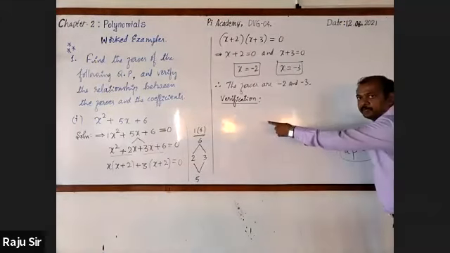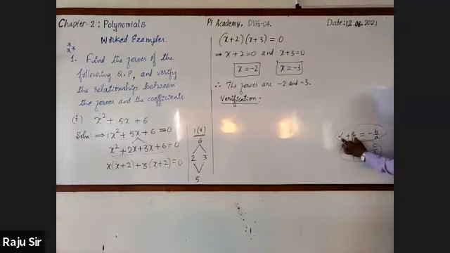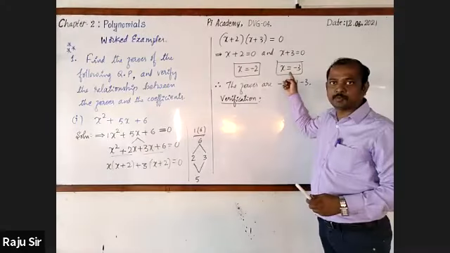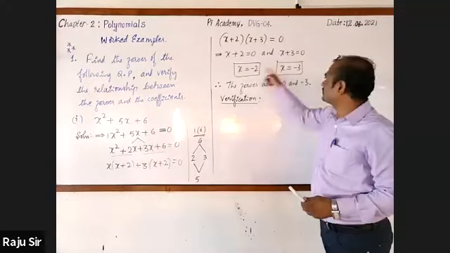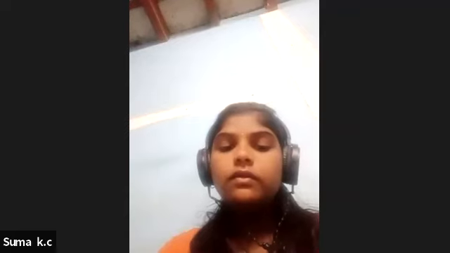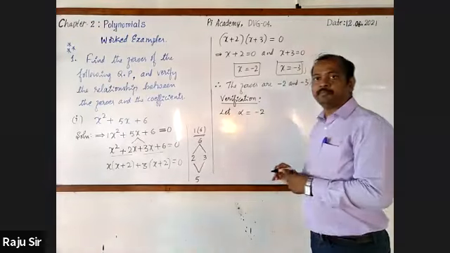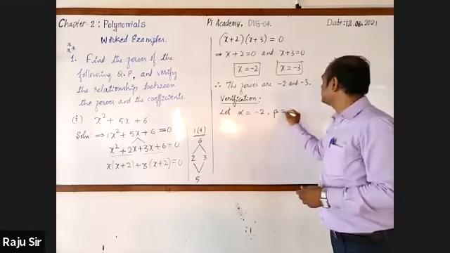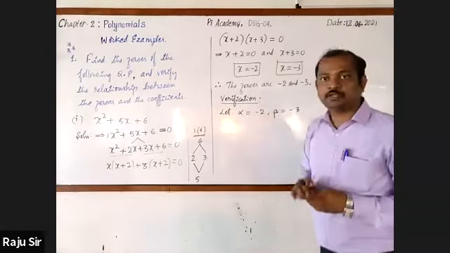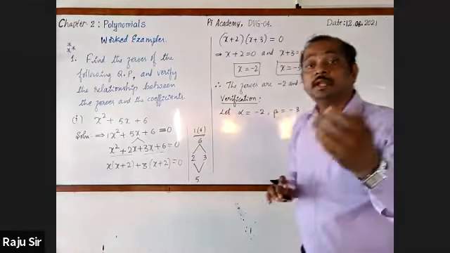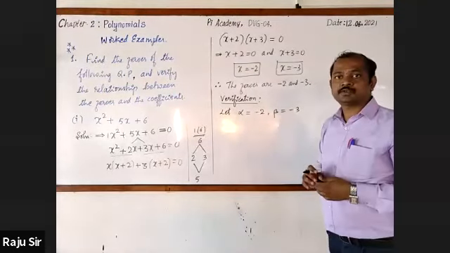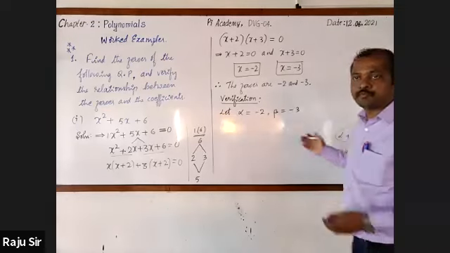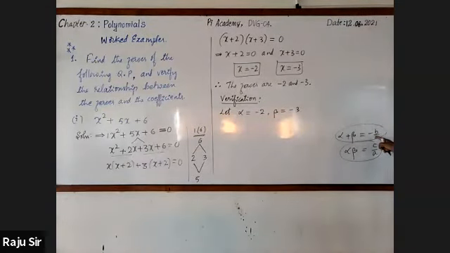If you want to verify, you must know the zeros and the coefficients. One zero is -2 and another one is -3, so let us take them as alpha and beta. Let alpha equal to -2 and beta equal to -3. These are the two zeros. Next we want the coefficients. The coefficients are a, b and c.